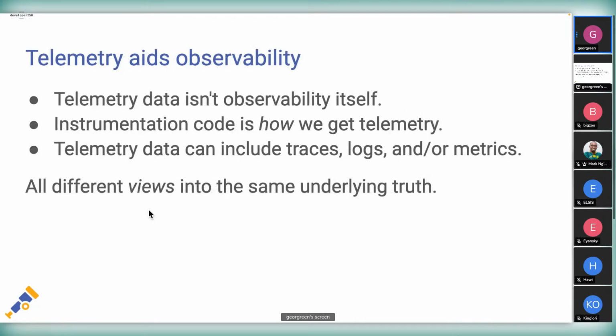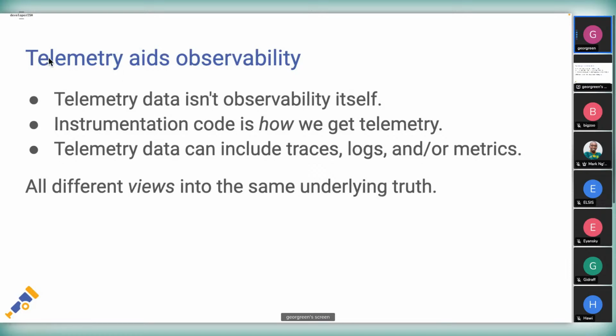Okay, so looking at this, we have said you need outputs to make your application observable. And this is where we get to the idea of telemetry. The idea is that not only are you giving your end user the output they need, your software needs to output other things to help you understand what's going on. These other things you output to help you understand what's going on are telemetry.